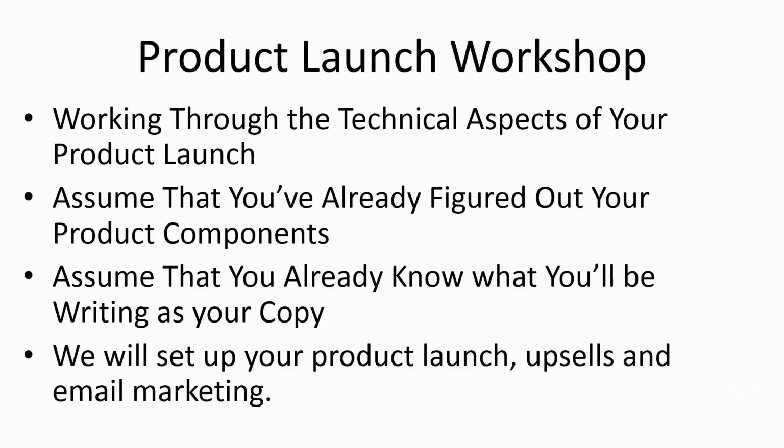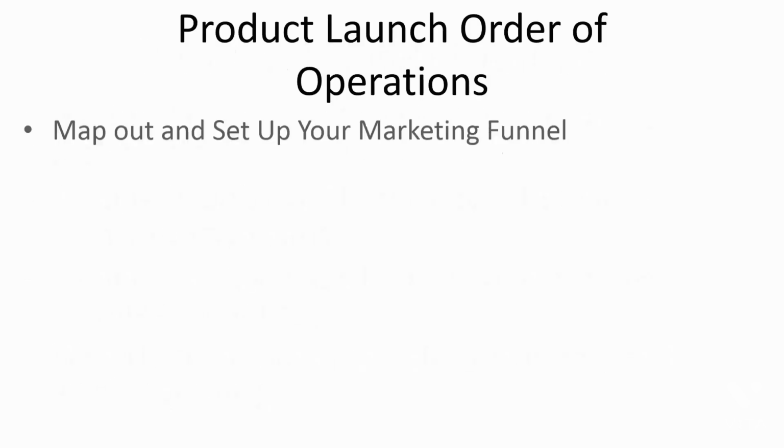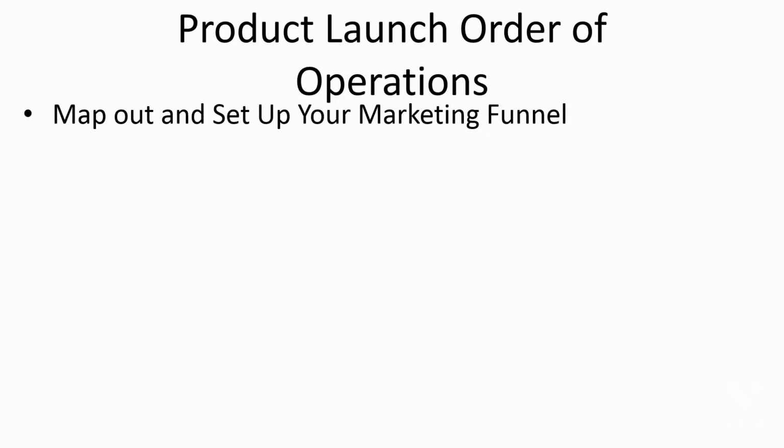So let's talk about the product launch order of operations. You want to first map out your marketing funnel even before you actually create the product, because when you map out your marketing funnel, this will actually determine how you're going to create the product, right? And the other thing is that you will then want to outline your sales copy.